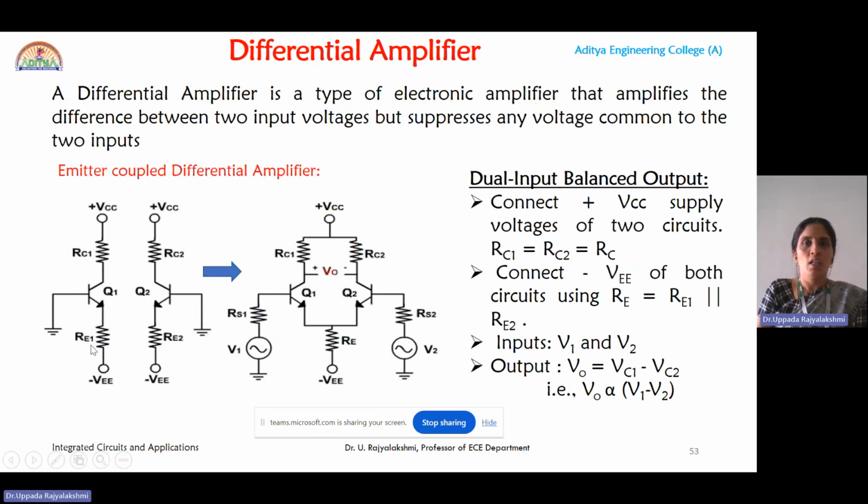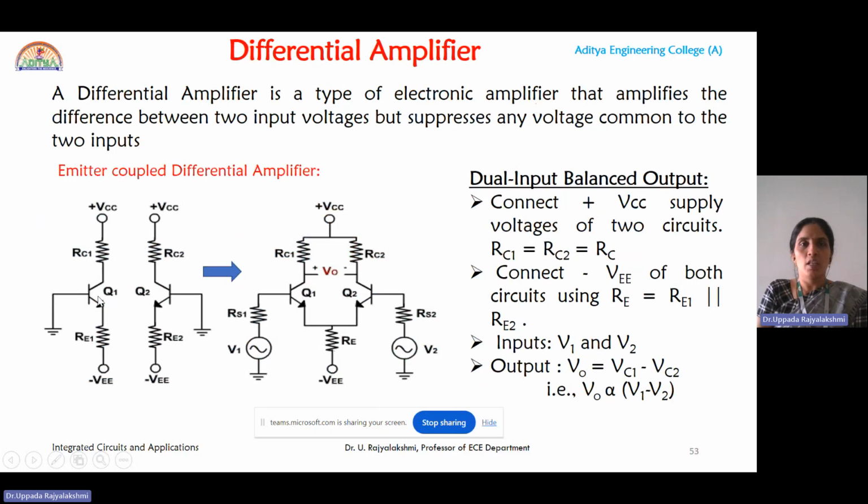In a similar manner, we are going to connect the two emitter terminals of those two transistors via a common emitter resistor RE, where RE is a parallel combination of emitter resistor of first transistor and emitter resistor of second transistor. In this equation you can see that RE is a parallel combination of RE1 and RE2.